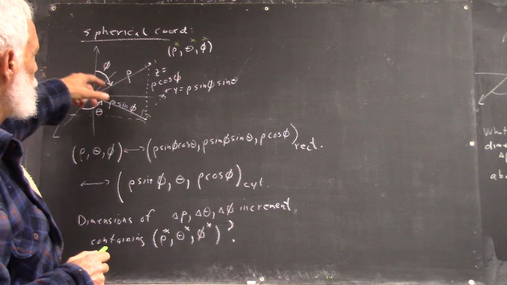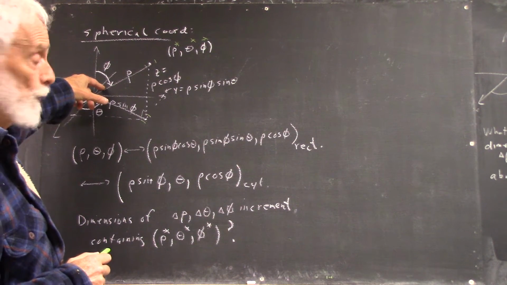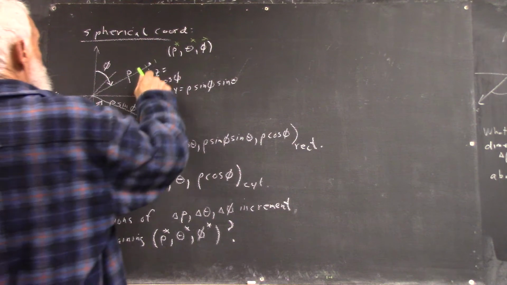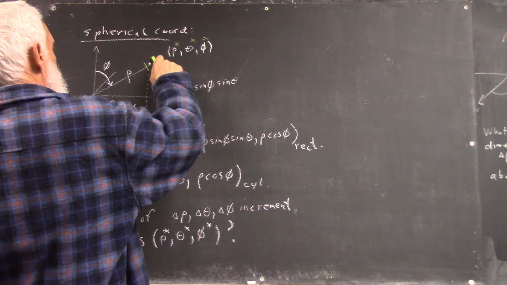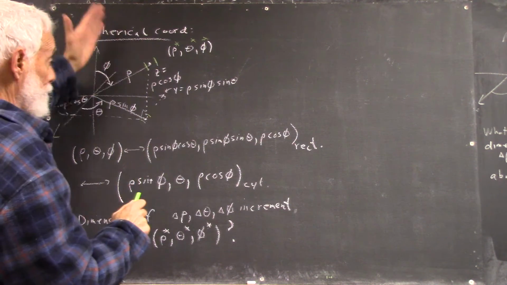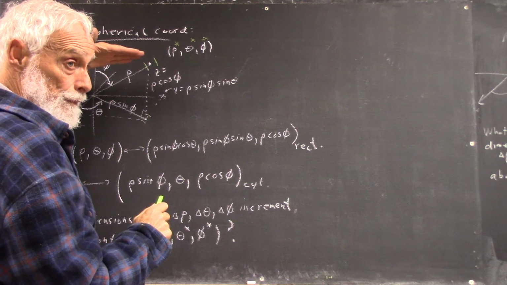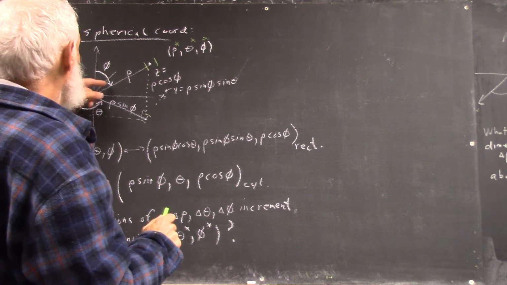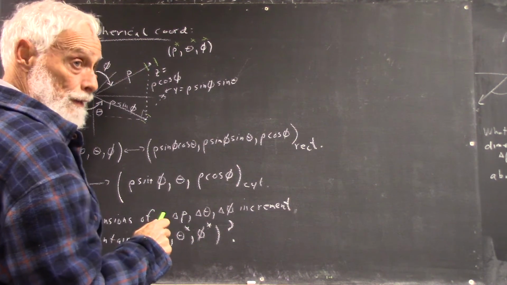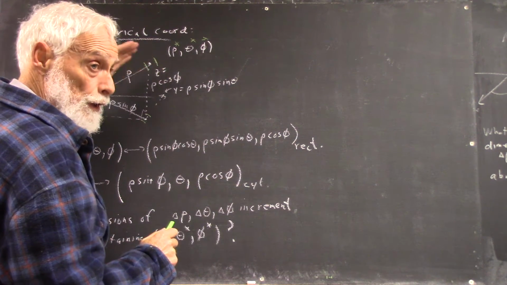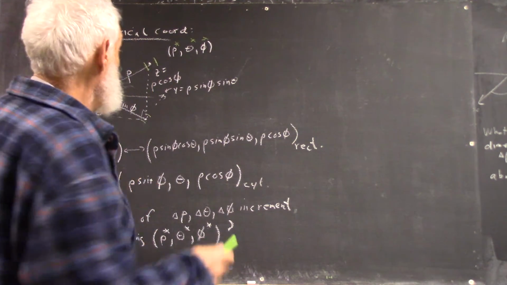Then you've got a delta phi. What does that do? That restricts you like this. In other words, if phi is a little less, then this point is rotated a little bit toward the z-axis, and if a little more, rotated a little bit away from the z-axis.